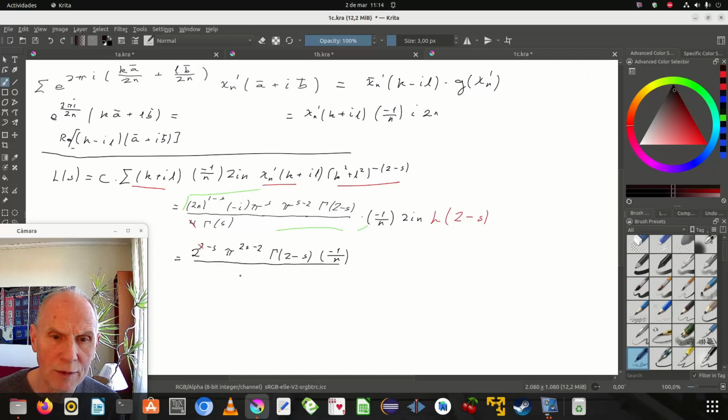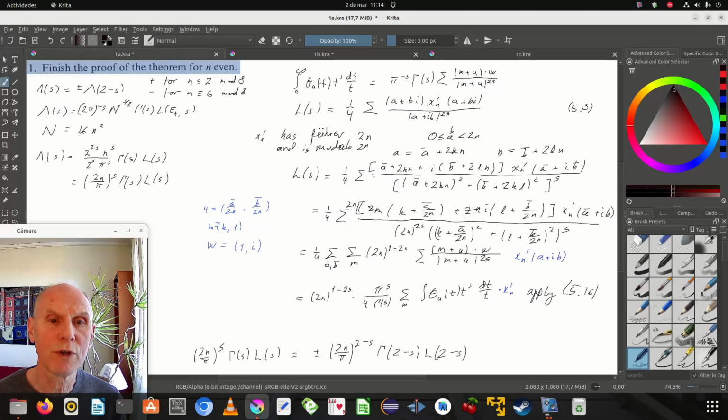Divided by gamma s. Oh, I did already write that. Times L of 2 minus s. And we have to compare that with what I needed to prove.